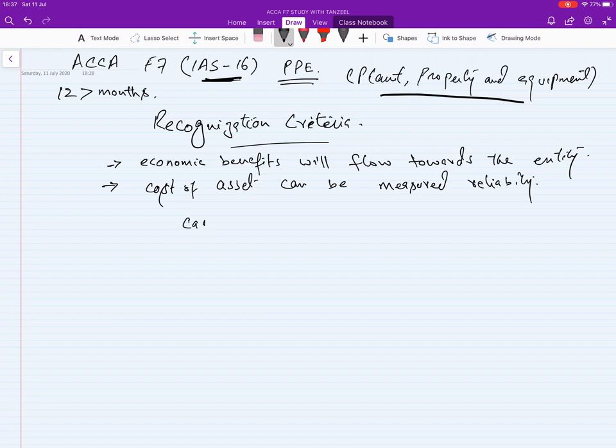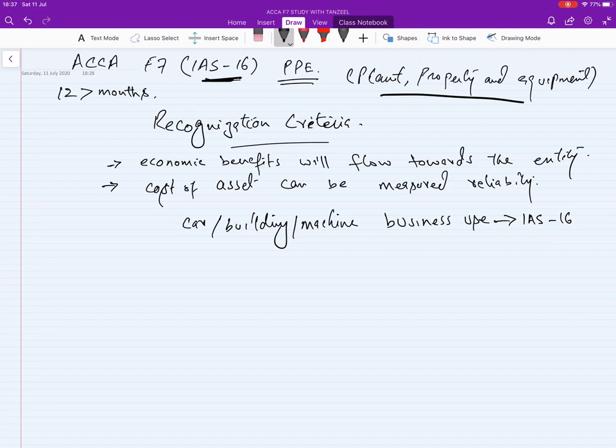If you have a car, building, property or machine for business use, we will put IAS 16 on it.